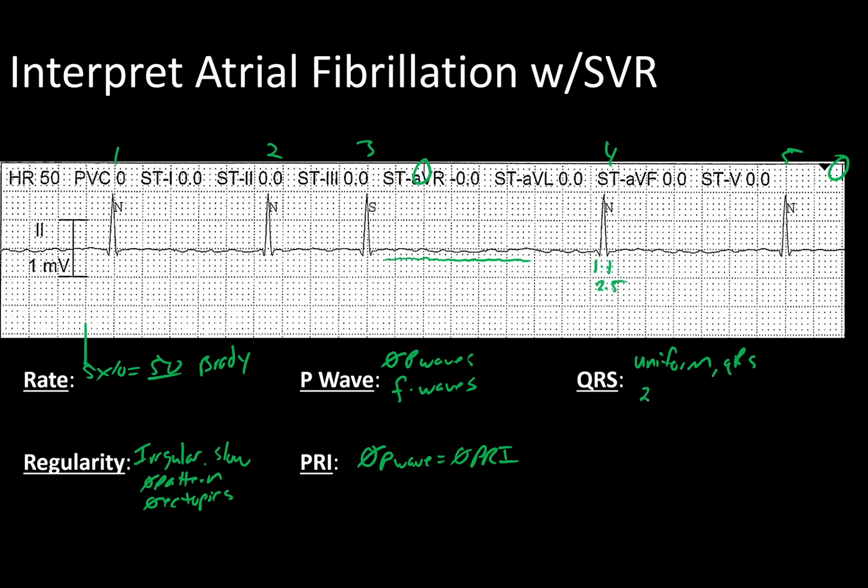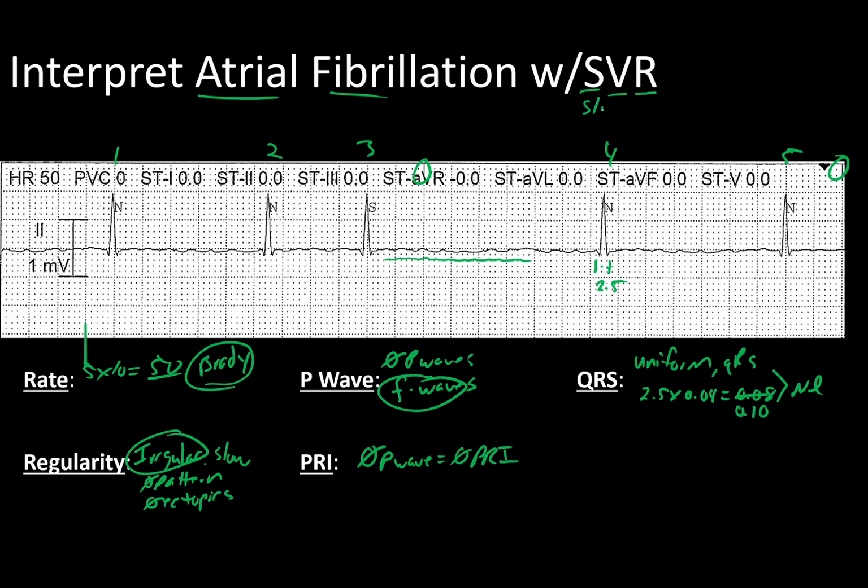So we'll go 0.04 gives us 0.08. Sorry, 0.10, which again is perfectly normal. And that, you know, because of the bradycardia and the F waves and the irregularity, that is atrial fibrillation with slow ventricular response.